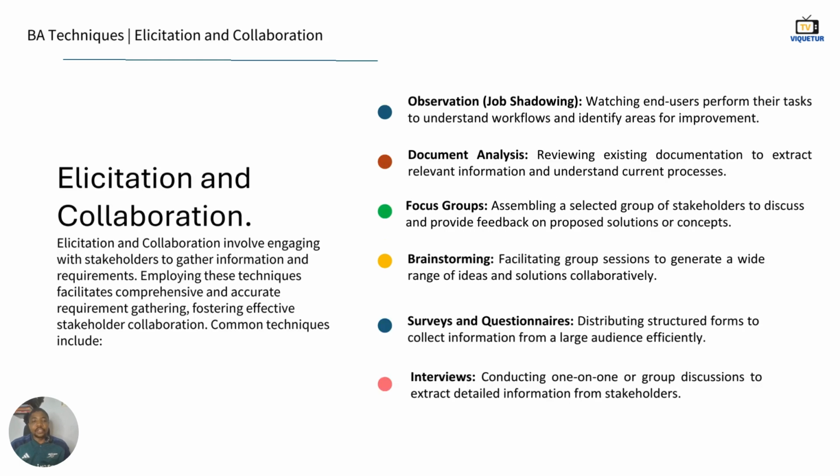The next one we'll be looking at is elicitation and collaboration. Like I already mentioned, elicitation is when you, with the act of questioning, drive out and dig deep and get the needs, the pain points, the root causes, the areas of improvement, the issues pertaining to your project or your solution from your stakeholders.